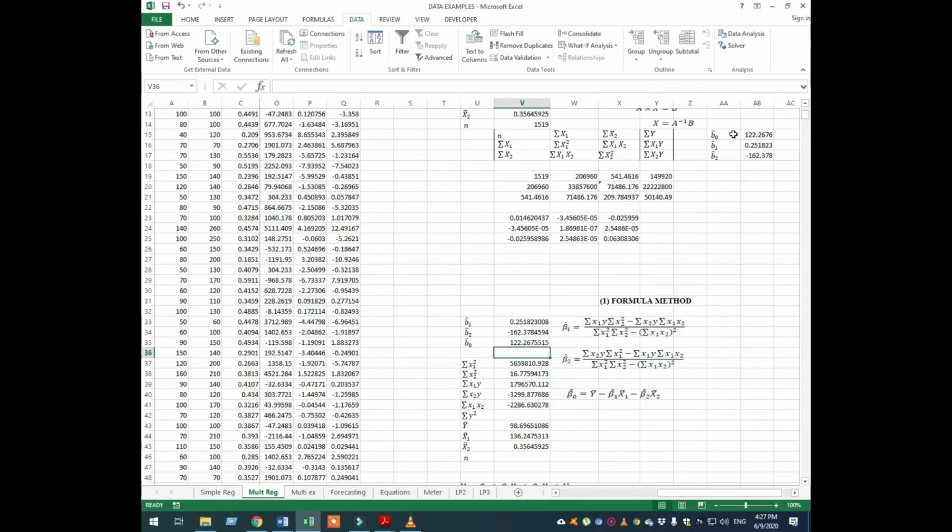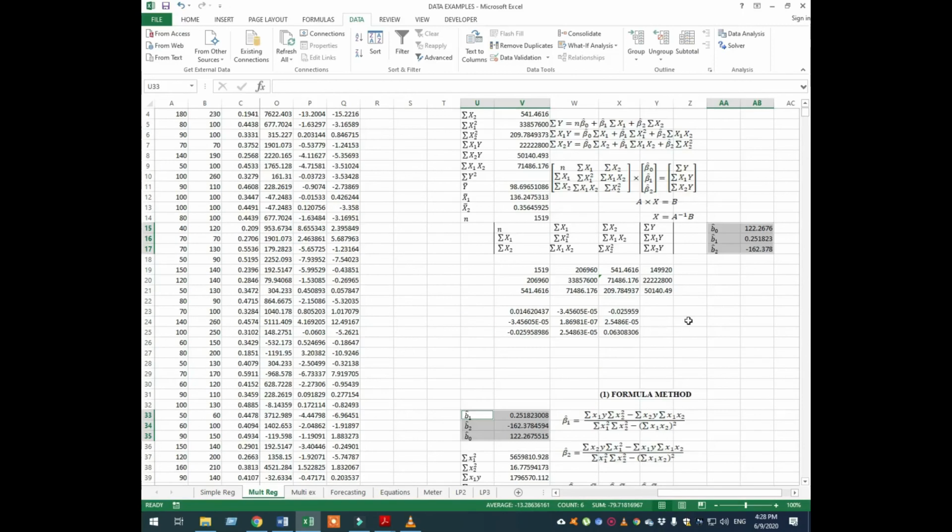So guys, here we have calculated the values of multiple linear regression through the formula method as well as through matrices. This is from the matrices method, this is from the formula method, and we see that we have the same values from both methods.